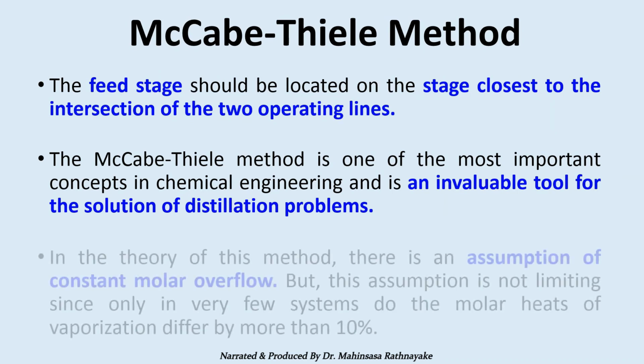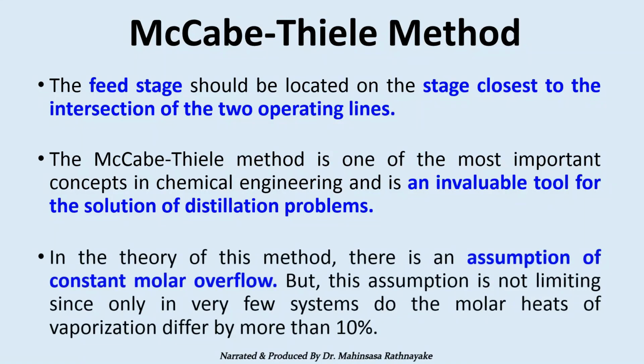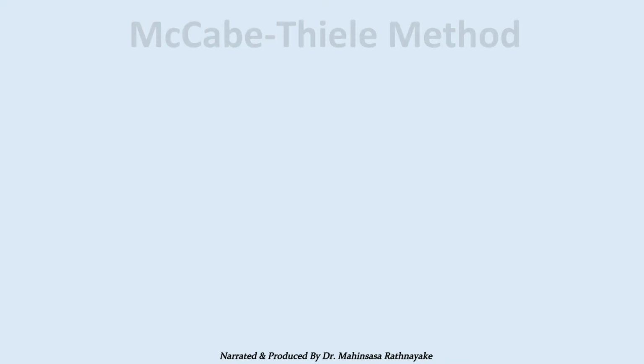In the theory of this method, there is an assumption of constant molar overflow. But this assumption is not limiting, since only in very few systems the molar heats of vaporization differ by more than 10%. However, this method has some limitations.